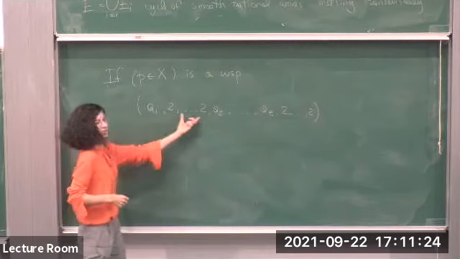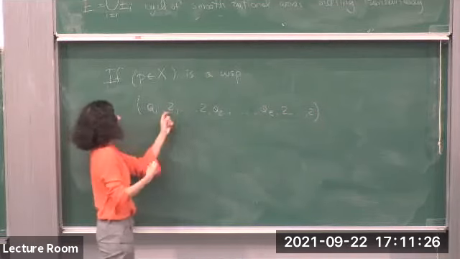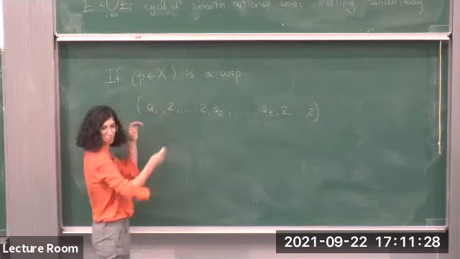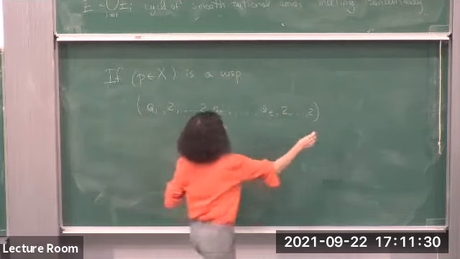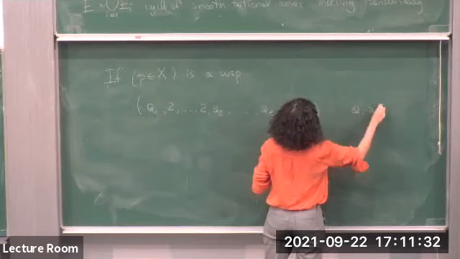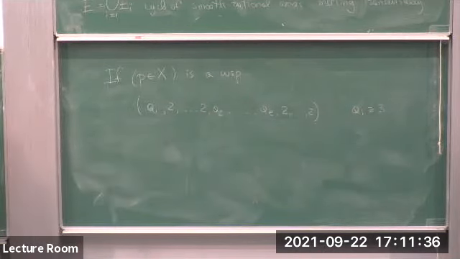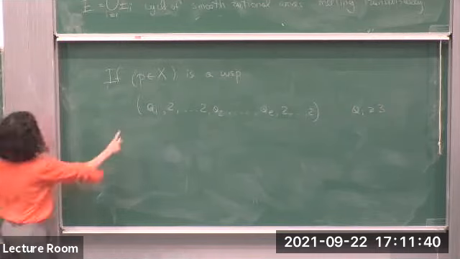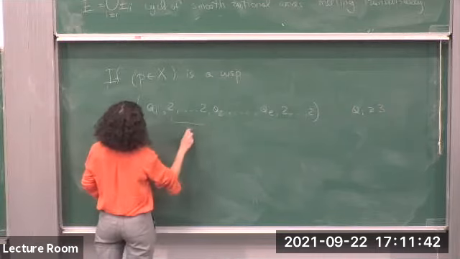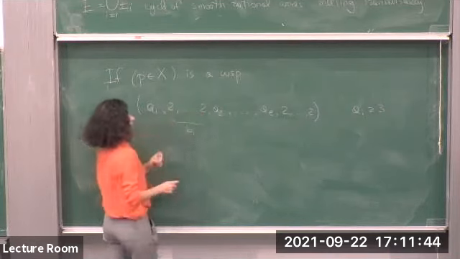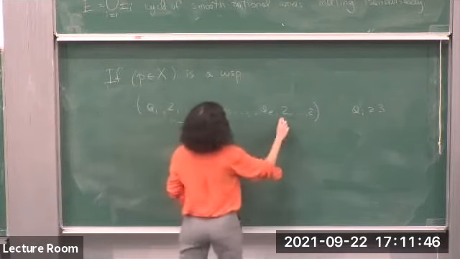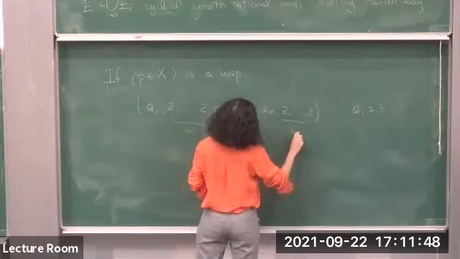The number of 2s here can be 0, and each Ai is at least 3. Basically I'm subdividing at every integer which is at least 3, and counting the 2s in between. I'm calling the number of 2s B1, up to BL.